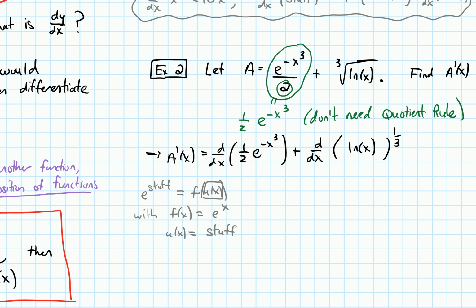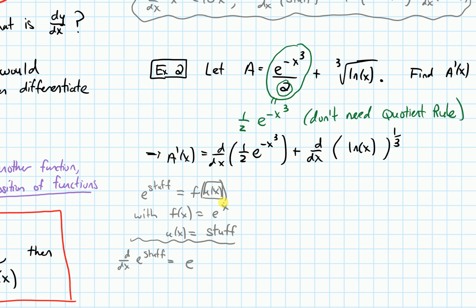So the memory trick here is, if we take the derivative of e to the stuff, the chain rule says first handle the derivative of the outside part. The derivative of e to the x is e to the x, but the chain rule says that when you do the derivative of the outside, keep plugging the same stuff into it.